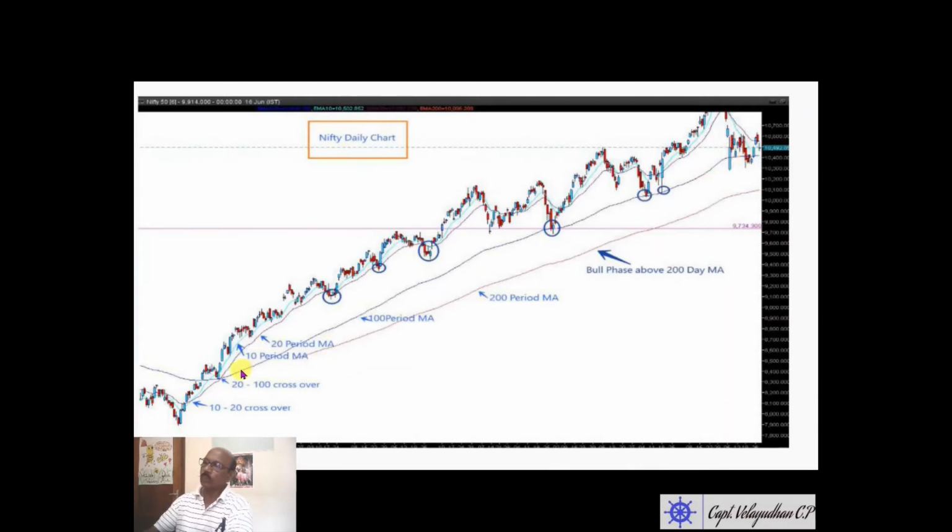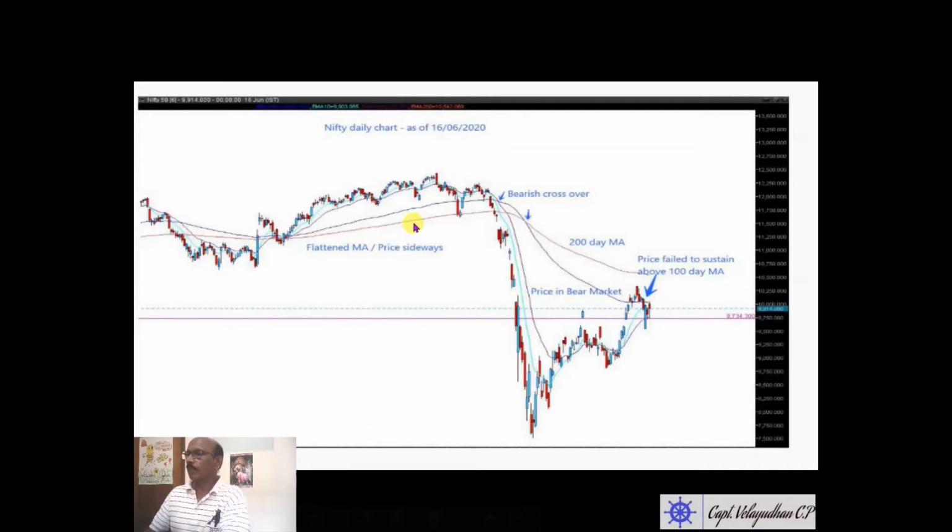So those who were holding on the 100 period moving average, they just waited for the profit and the price continued all the way up and they made good money on that for a 3 to 4 months trade. This is the June 16th chart. Here we can see the moving average is flattened and here the trades are not profitable, because you can see the chart also flattened.